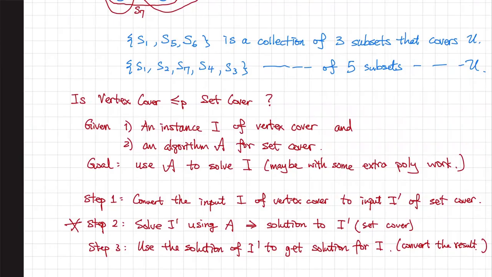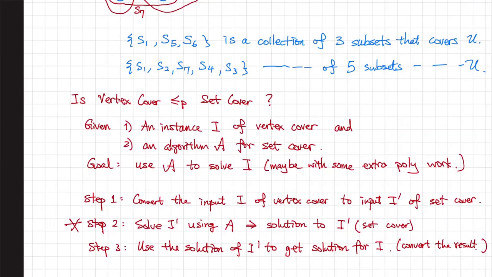Right, so whenever you're trying to show that your problem can be reduced to an existing problem, you try to show that given your problem, you are able to reduce it to an existing problem with its algorithm. Assume there is one. You can just use their algorithm, get their result, and convert the result back to solve your problem. So the first step is to convert the input from our problem to their problem.